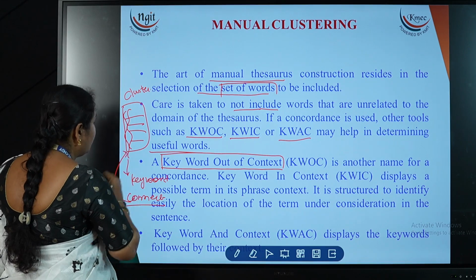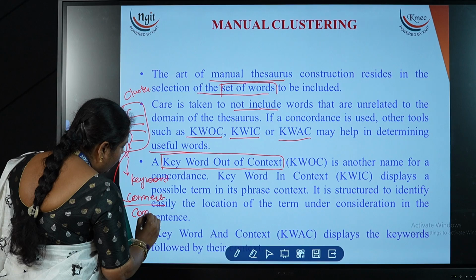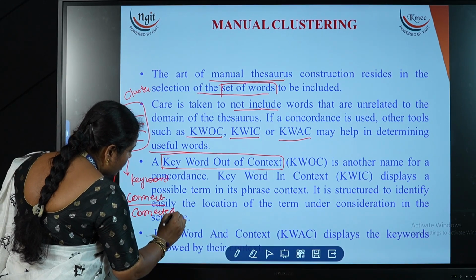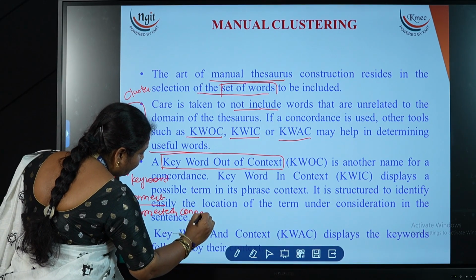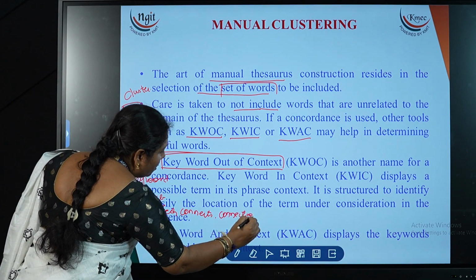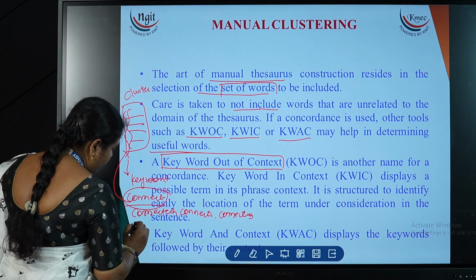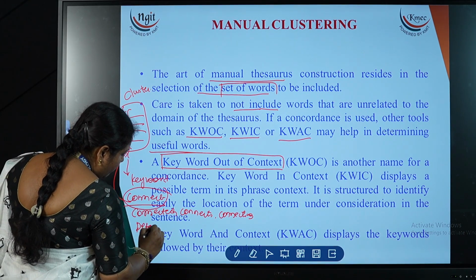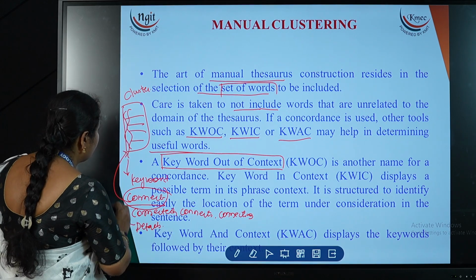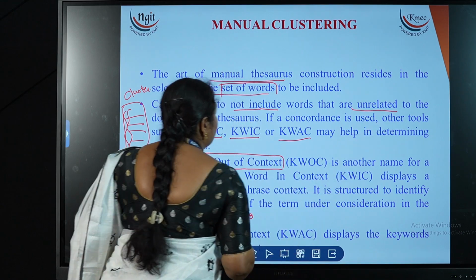Whenever I am asking connect, the search will go to this particular cluster. The name may be connected, connects, or connecting, whatever it may be. So the keyword will be connect. I cannot add detach, for example, in this cluster. So that is the basic meaning of unrelated words.